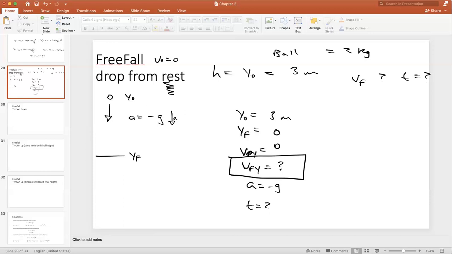You don't have time, and you need it, and you don't have v final and you need it. So if I didn't really care at all about v final, I could ignore it and just solve for time. How I would solve for time is y final minus y initial is v naught y t minus g t squared over 2.